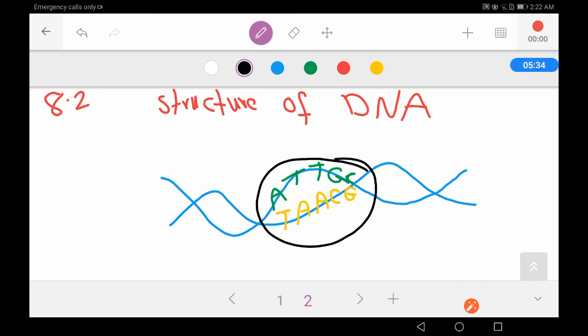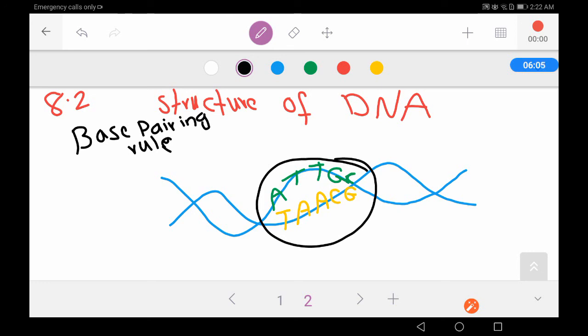So guys, the last point that we have is the base pairing rule. It's a rule which states that adenine always pairs with thymine and guanine pairs with cytosine.